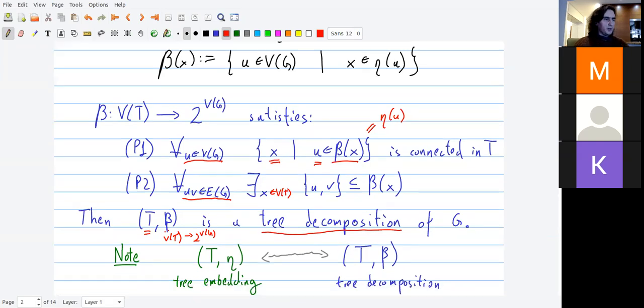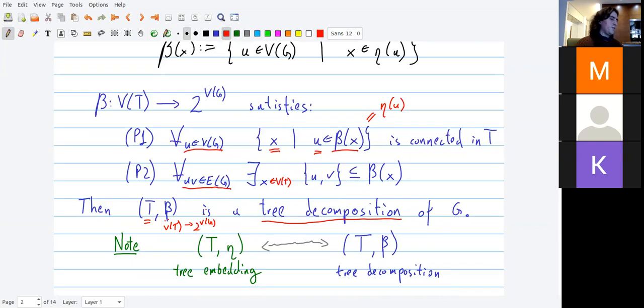Now, an easy observation is that these two points of view, via tree embedding and via tree decomposition, are equivalent. I can go from one to the other. If I've got a tree embedding given, I can make a tree decomposition by saying, for every node of my tree T, I record which of the vertices have this node in their subtree, and this is my bag function, and it satisfies those two conditions P1 and P2.